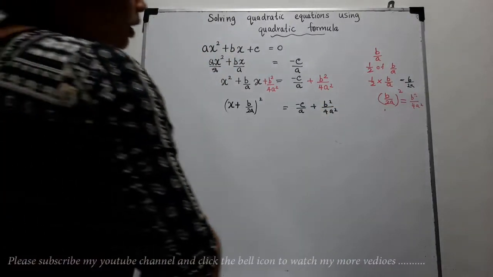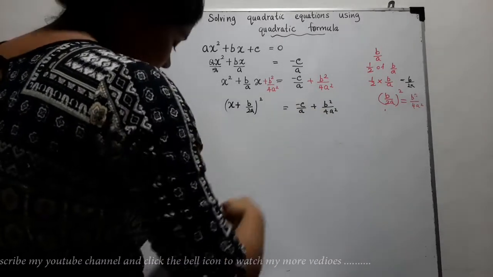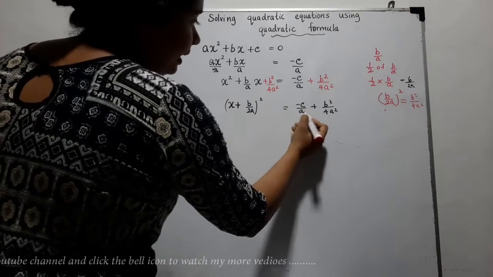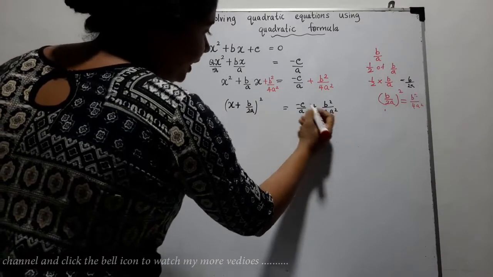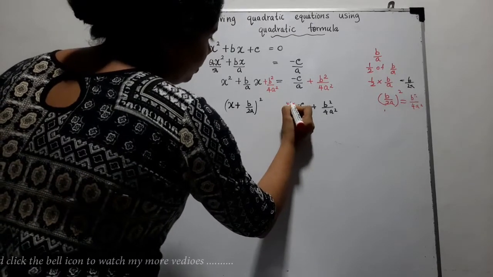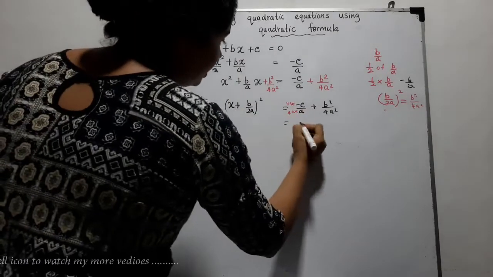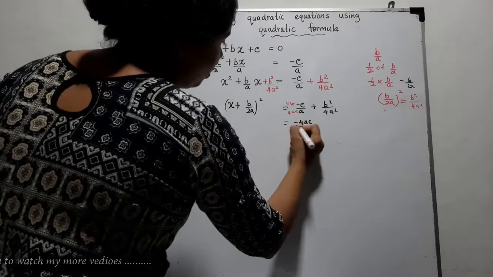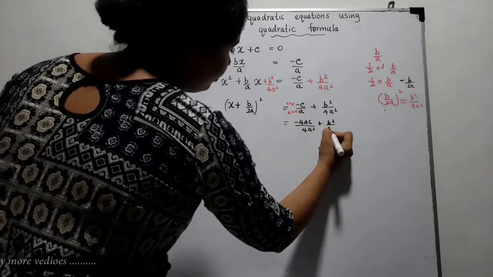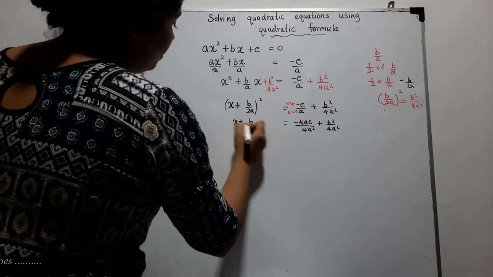Now I am going to add these two fractions by obtaining a common denominator. To obtain the common denominator 4a squared, I multiply the numerator and denominator of the first fraction by 4a. Then I obtain minus 4ac over 4a squared plus b squared over 4a squared. On the left, we have x plus b over 2a.